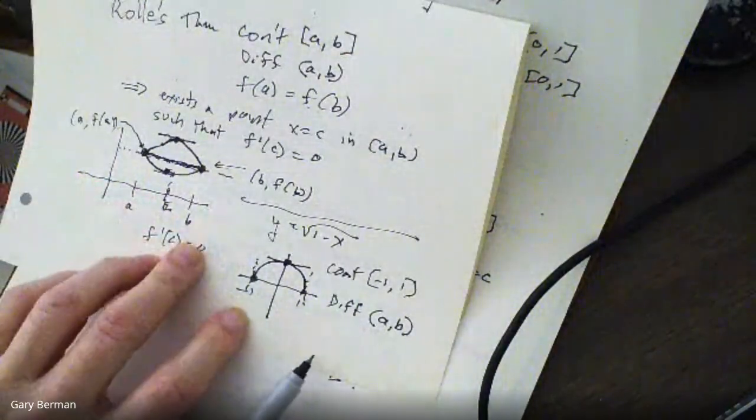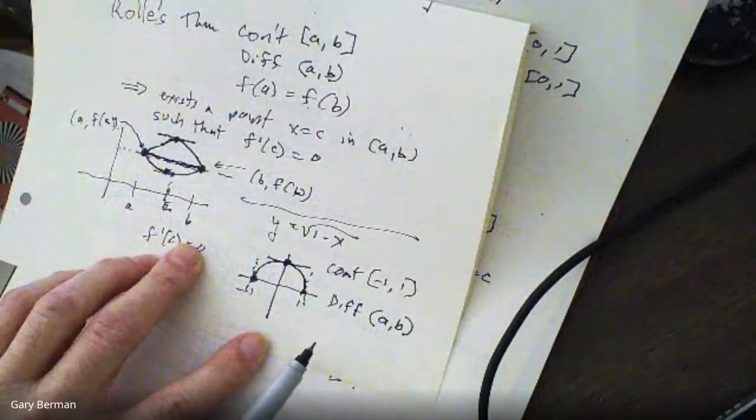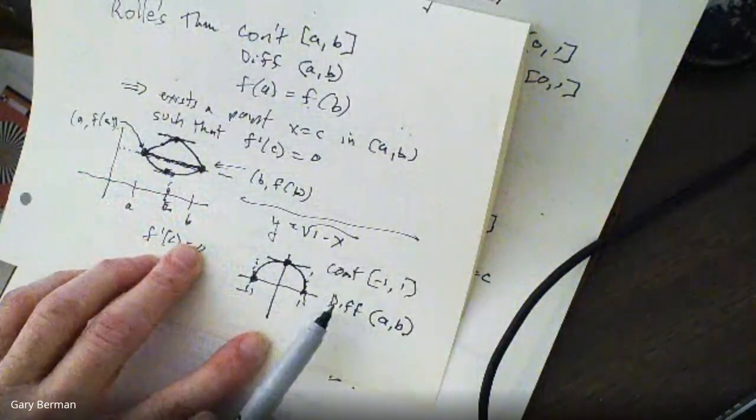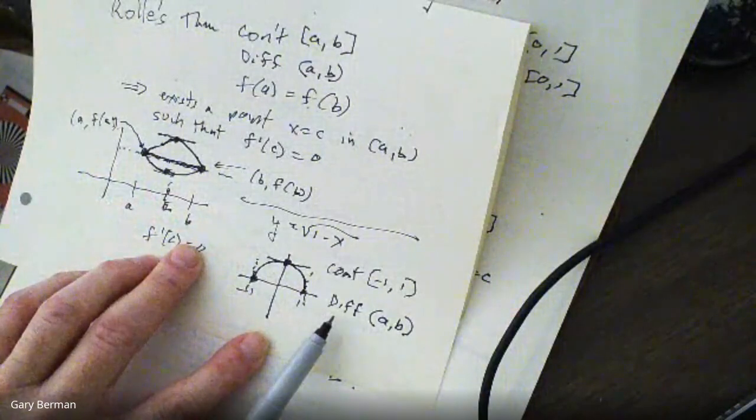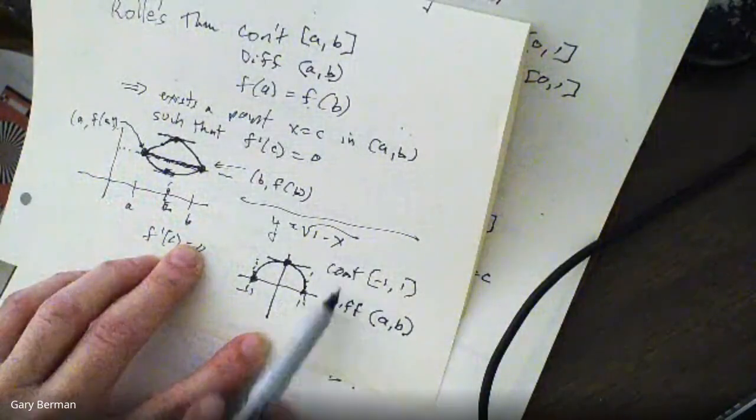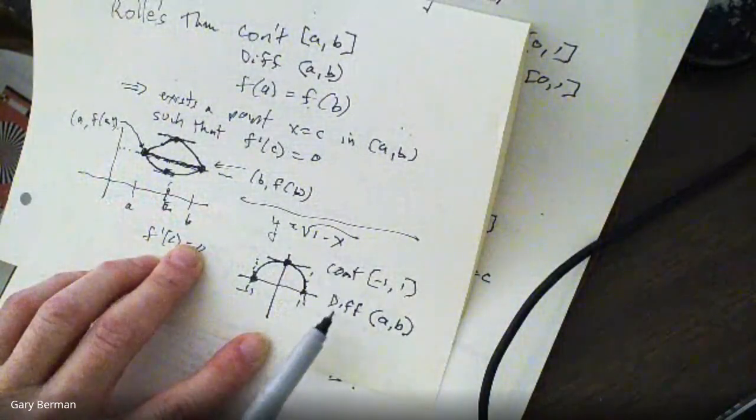Now, here's the thing. I said before, why don't we not worry about distinguishing between continuous and differentiable and just say for Rolle's theorem, we're only going to need it to be differentiable on the closed interval, then we don't have to talk about it being continuous. It's automatically continuous if it's differentiable.